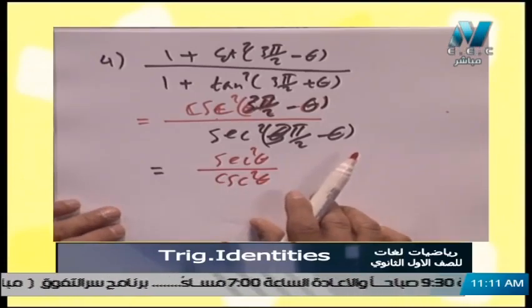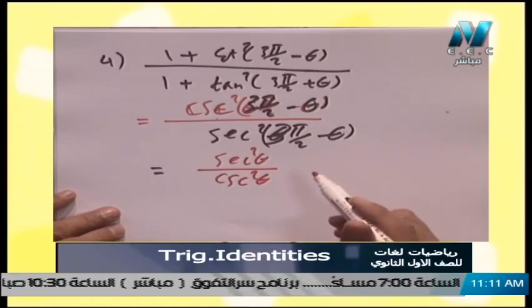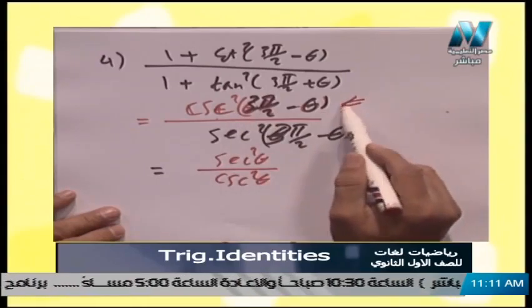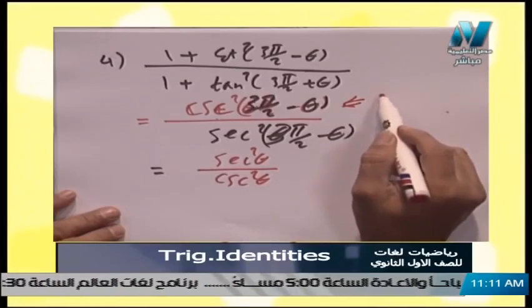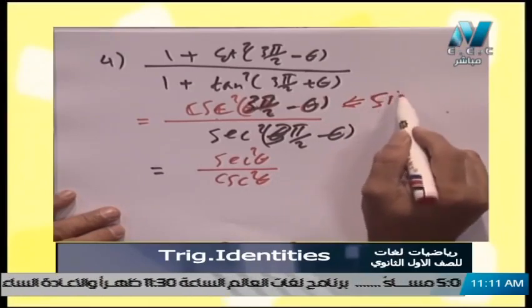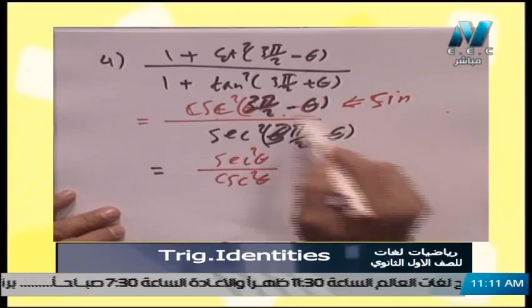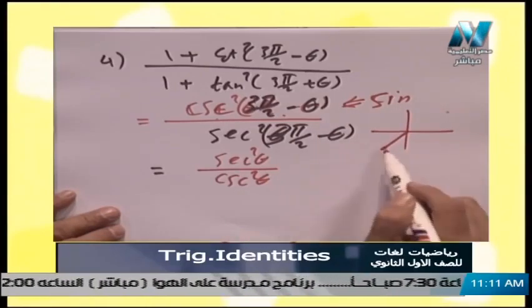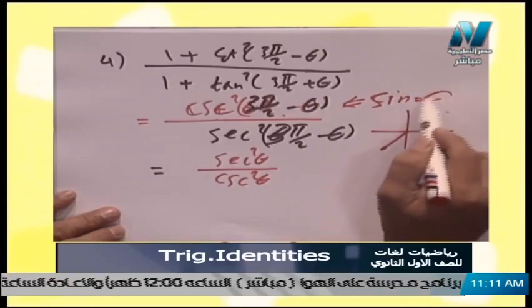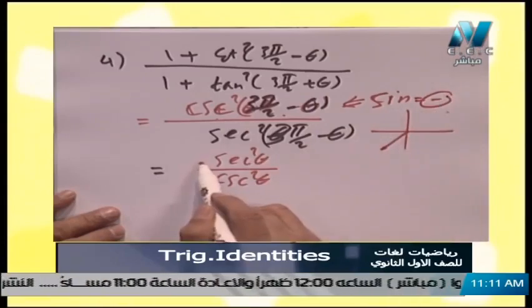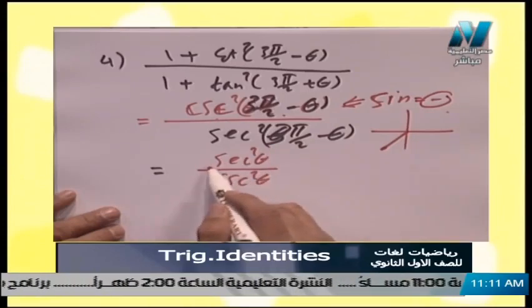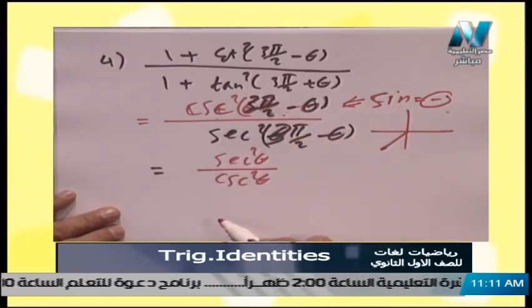The angle will be in the third quadrant, where sine is negative, but when we take power 2 it will be positive.